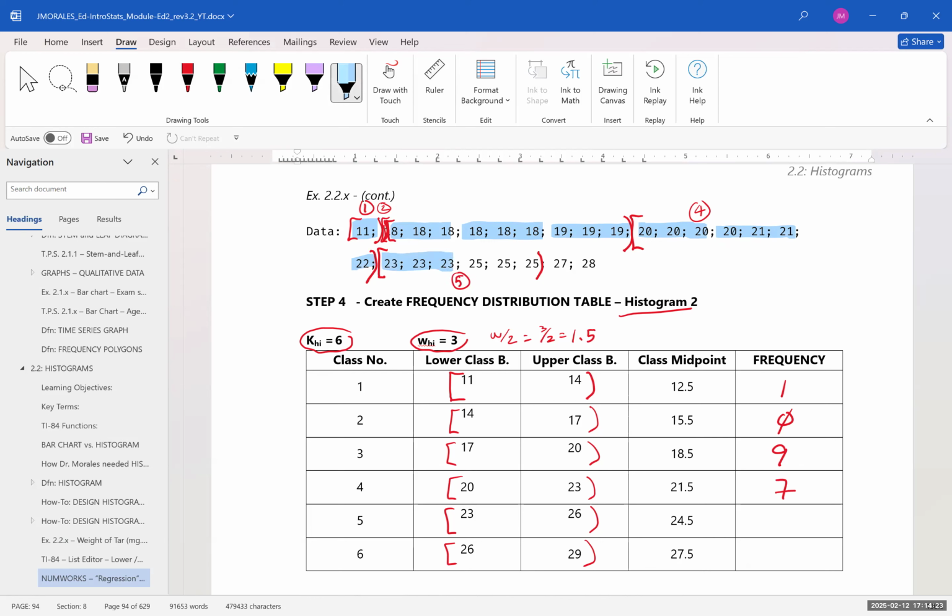We've got 1, 2, 3, 4, 5, 6. And then our last class, class 6, goes from 26 and excludes 29. How many do we have? We have 2. Okay, let me write these down for myself.